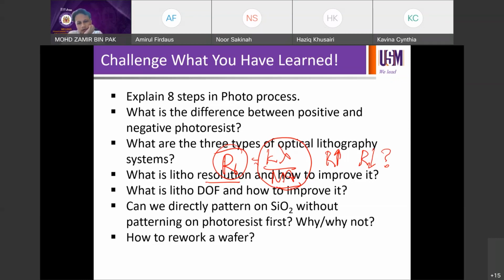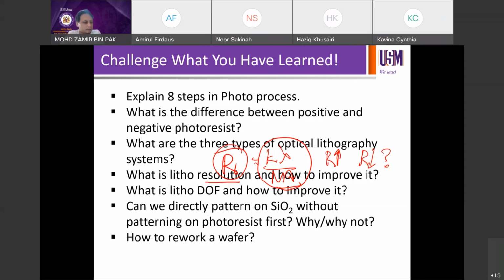What is resolution? We say we want high resolution. Generally, yes, TV wants high resolution, display high resolution. But in the context of lithography, what do we mean by resolution?